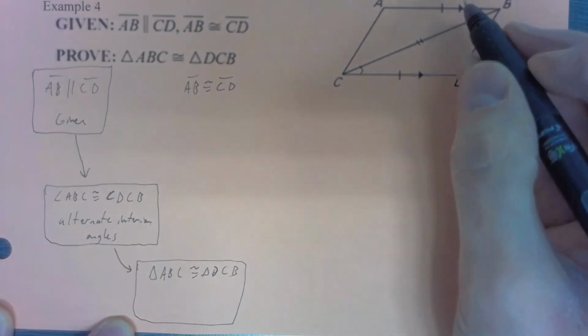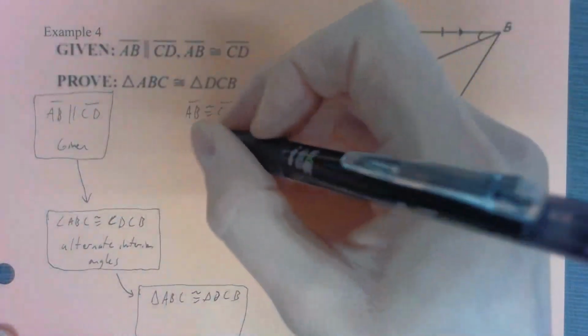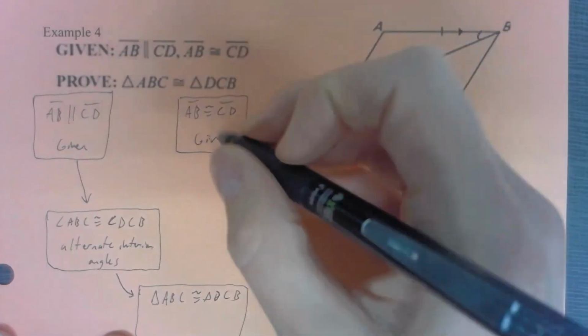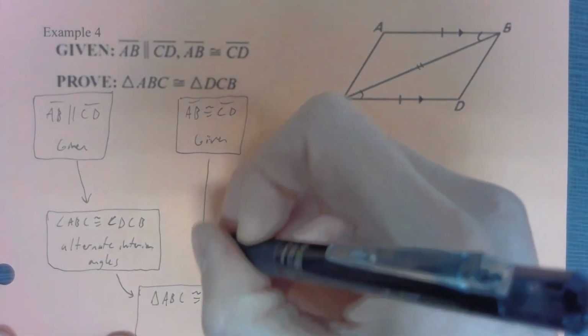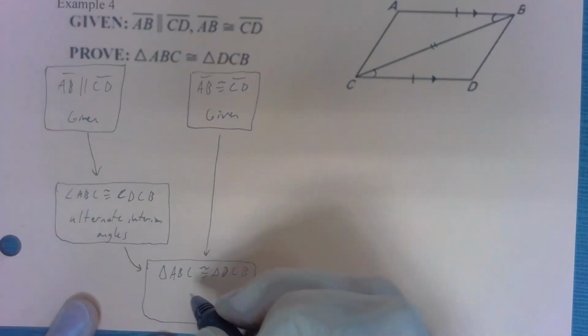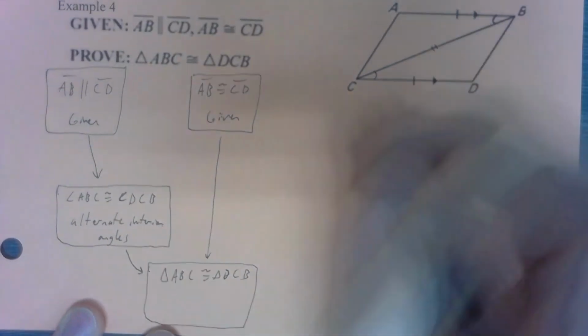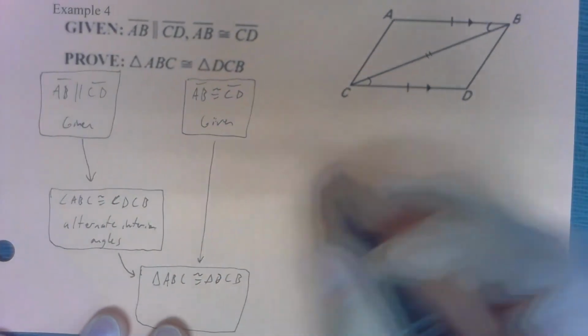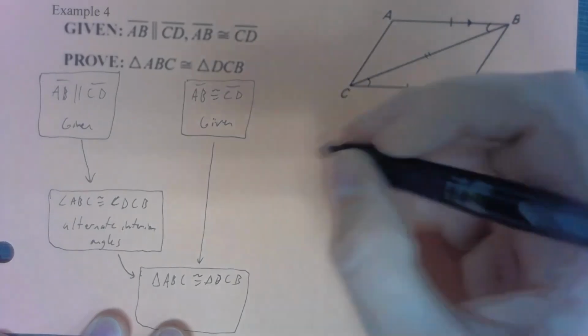That was one of the sides we included. That was given. And there's no intermediate step. When we say that the triangles are congruent, we needed a side to be congruent. We needed an angle to be congruent. So we have an angle, we have a side. We just need to state that last side there, CB.